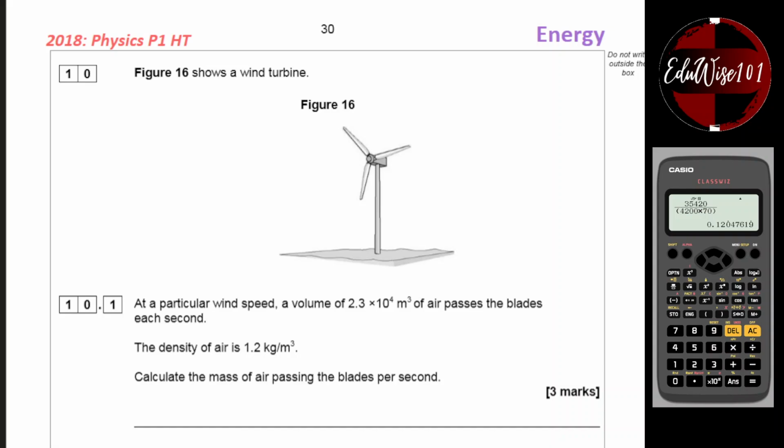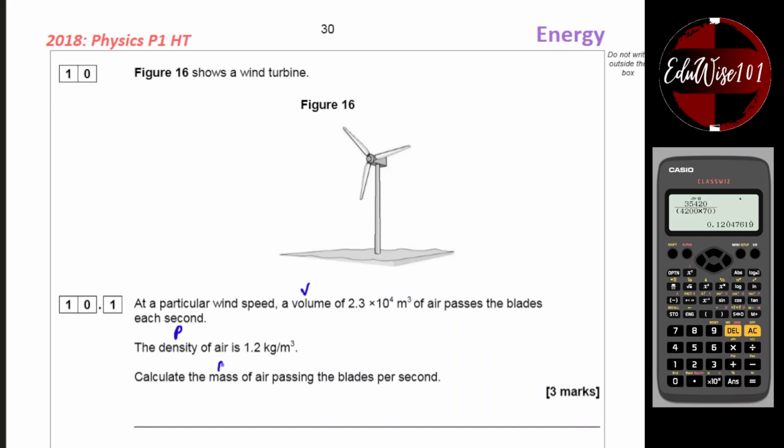At a particular wind speed, a volume, which is V, of 2.3 times 10 to the power 4 meter cube of air passes the blade each second. The density, the symbol for density is rho, of air is 1.2 kilogram per meter cube.